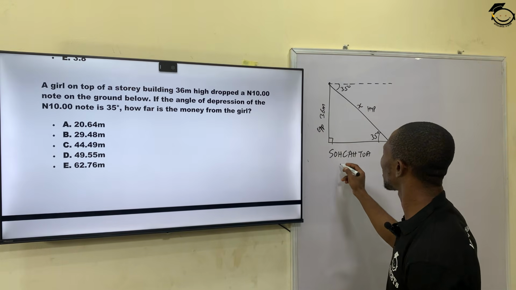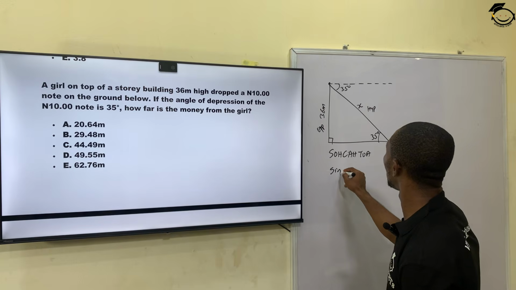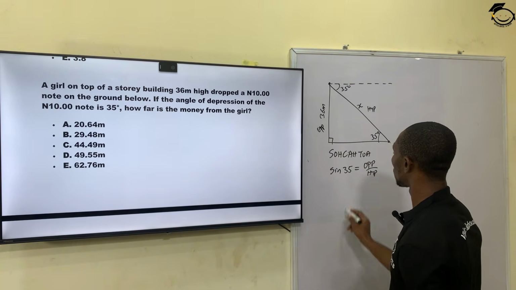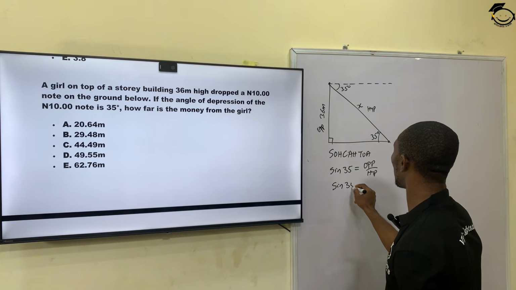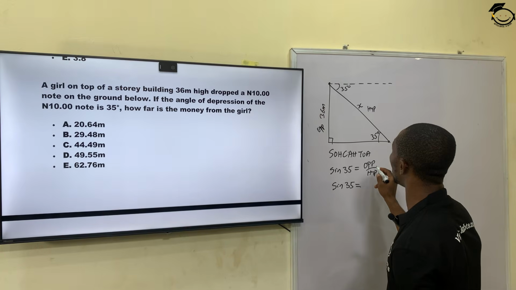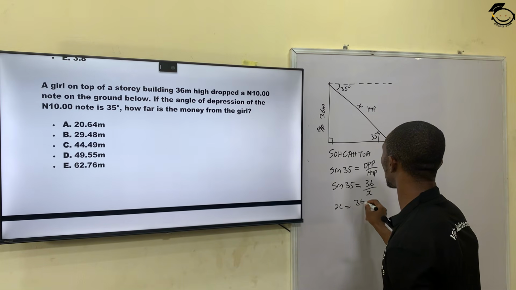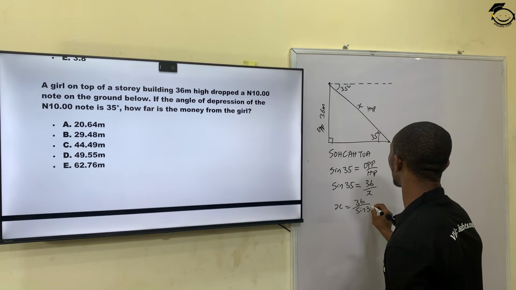So sine 35 equals opposite over hypotenuse, which is 36 over x. So x equals 36 over sine 35.